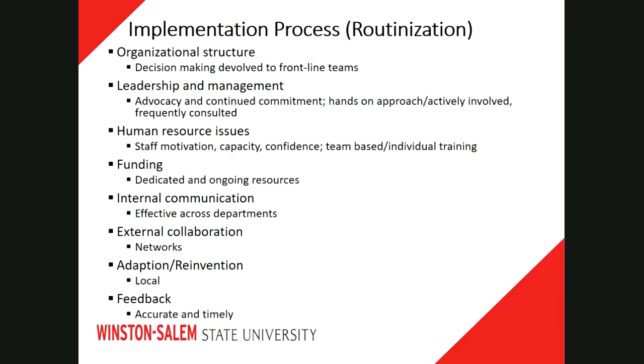So you need to consider the organizational structure, the decision making that can be devolved to frontline teams, leadership and management, advocacy and continued commitment, hands-on approach. Are they actively involved? Are they frequently consulted? What are the human resource issues with respect to staff motivation, capacity, confidence, team-based or individual training, funding?